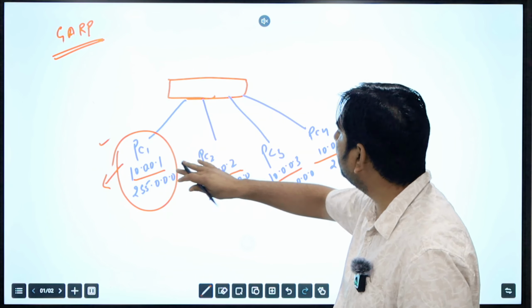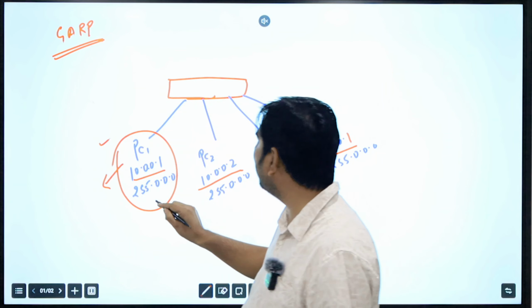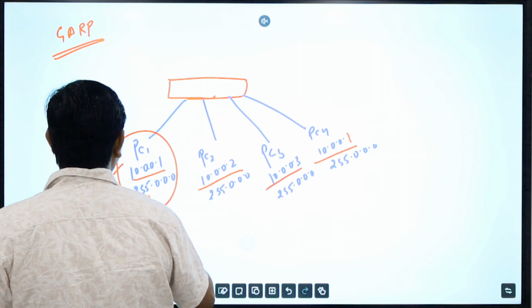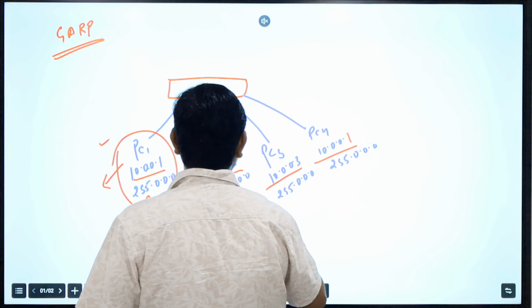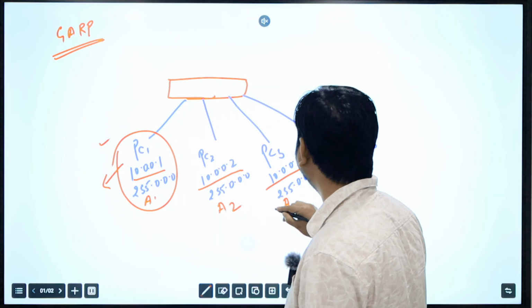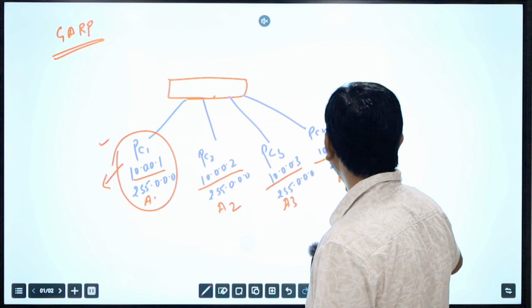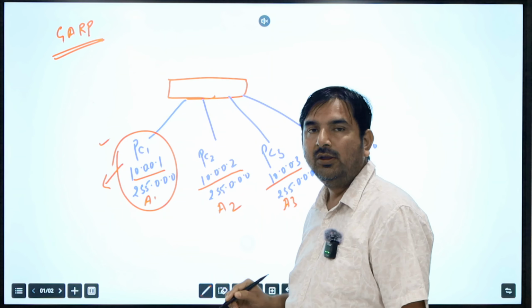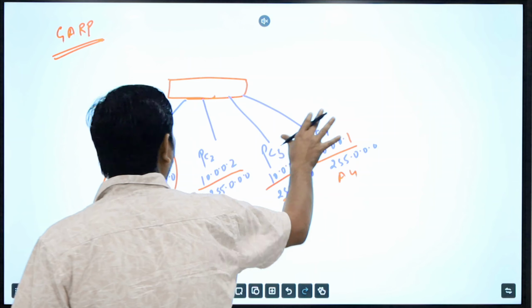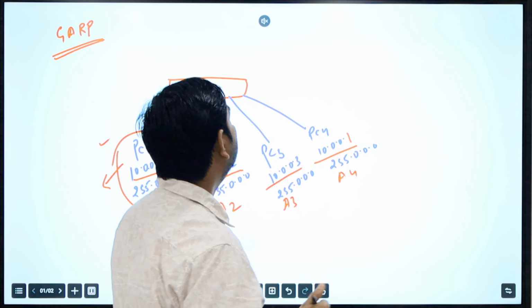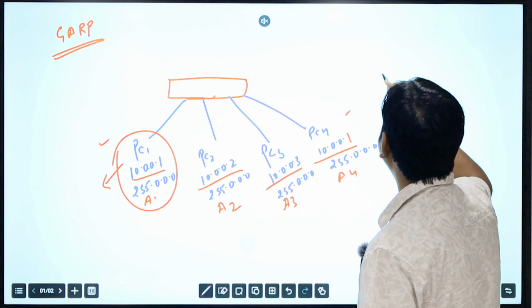Suppose PC1 has the MAC address A1, PC2 has the MAC address A2, PC3 has the MAC address A3, and PC4 has the MAC address A4. So in that case, what will happen? Suppose you configure the IP address on PC4. PC4 will immediately generate a GARP message.